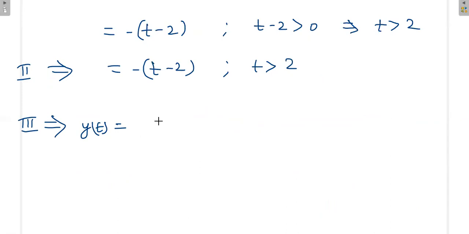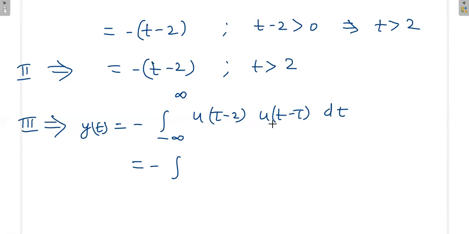Okay, minus the integral from minus infinity to plus infinity of u of tau minus 2, u of t minus tau, d tau. Again, this goes from 2 to infinity, and this goes from minus infinity to t.